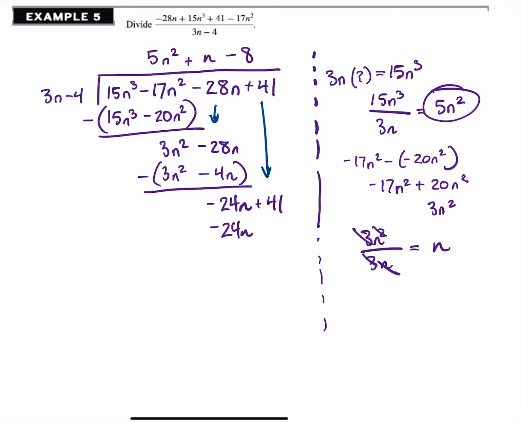And then negative 8 times negative 4 will give us a positive 32. And this will be subtracted. So negative 24n minus negative 24n is 0. That cancels out. And then 41 minus 32 gives us a positive 9. There's no more numbers to drop down, so this will be our remainder. We'll have a remainder this time.